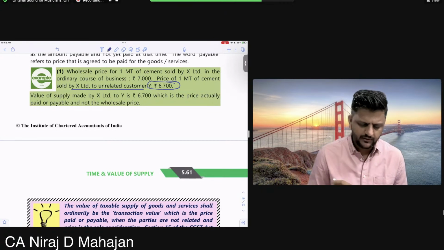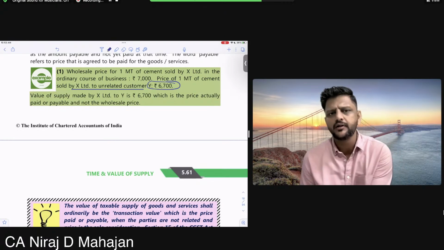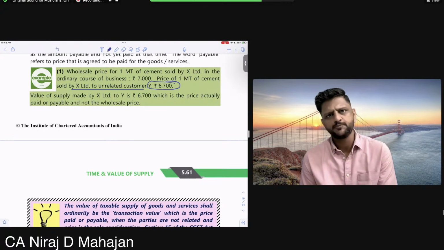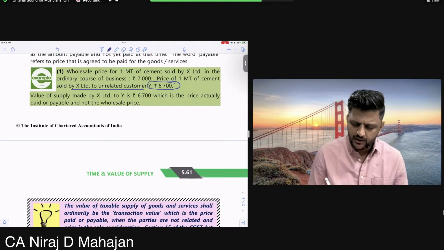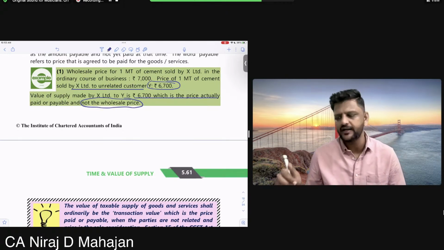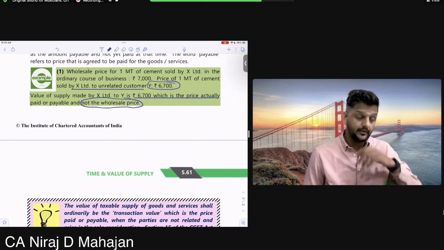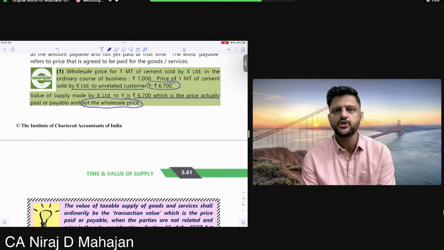Wholesale, whatever they have given in the ordinary course of business, 7,000. But children, if the customer is unrelated and the exchange is for price only, then the value of supply is 6,700, the price actually paid or payable and not the wholesale price. The department cannot dictate the price at which the supplier should sell.